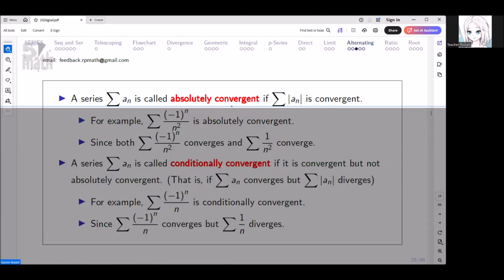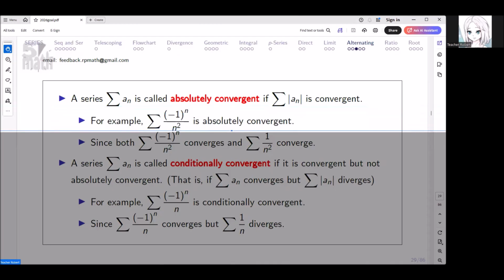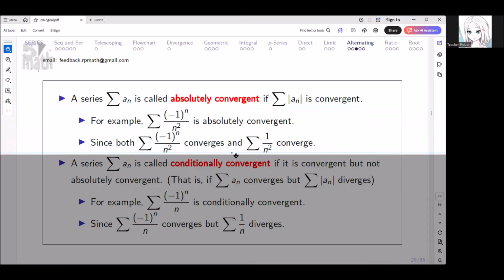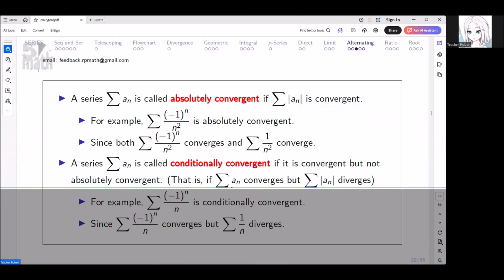A series an is absolutely convergent if the series of absolute value an is convergent. For example, this is absolutely convergent since both this converges and that converges. A series an is called conditionally convergent if it is convergent but not absolutely convergent.